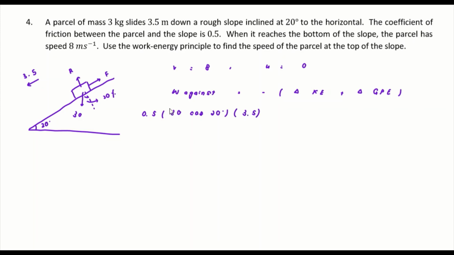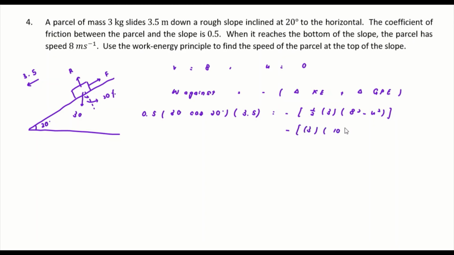Since you are using work done against, there's no negative here because you already moved the negative to the back. So minus the change in kinetic energy: half m v squared, so 3 kg, the final is 8, minus u squared. Then after that, minus another GPE.